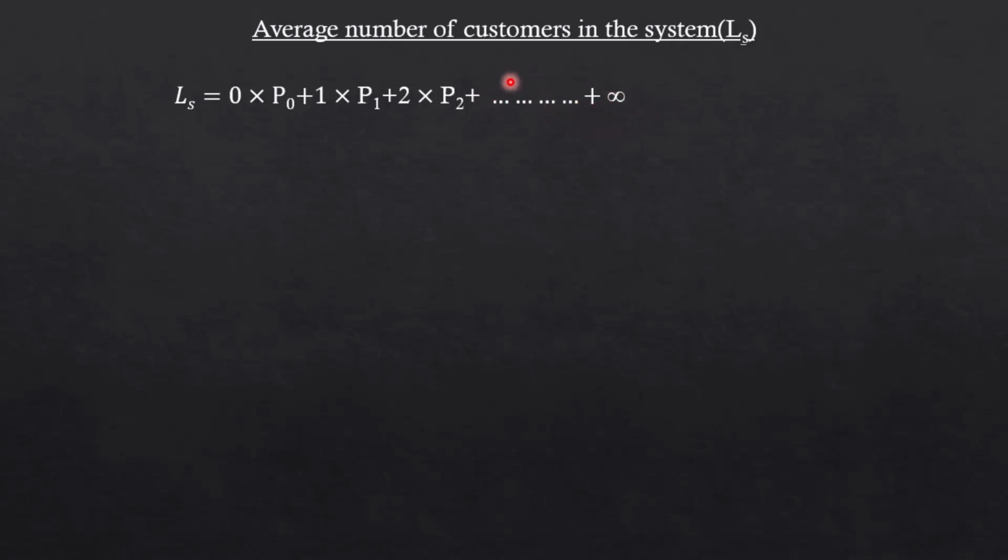So if we add up all these probabilities, we will find the length of the system here. And in short form, we can write this equation as: n multiplied by the probability of having n persons in the system, where n is from 0 to infinity.